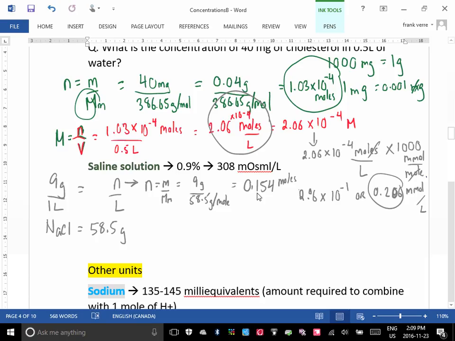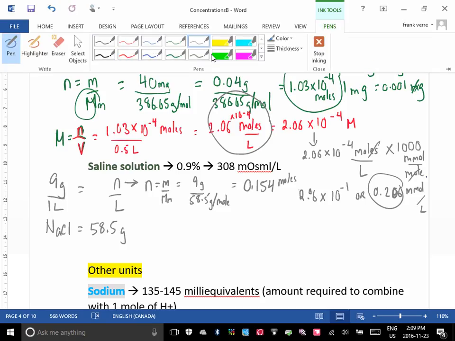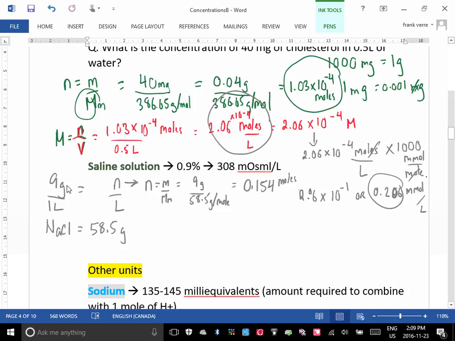We've done that a million times now, right? So this solution of 9 grams per liter can be converted to moles per liter by just converting the mass into moles. We know that it's 0.154 moles.